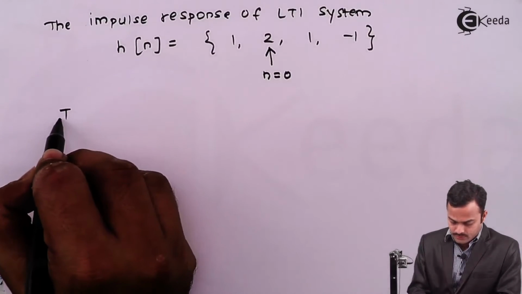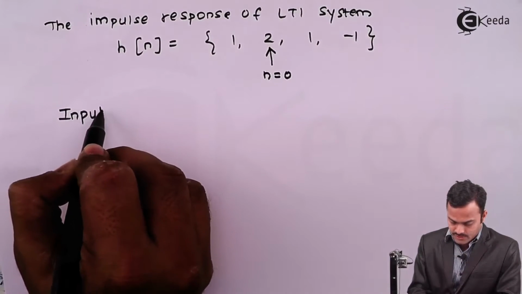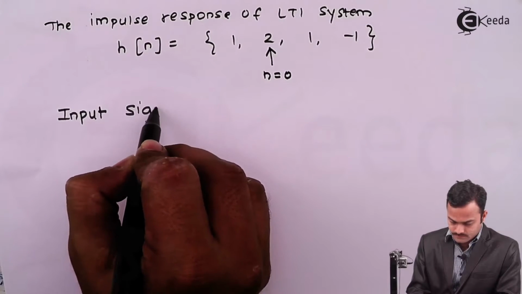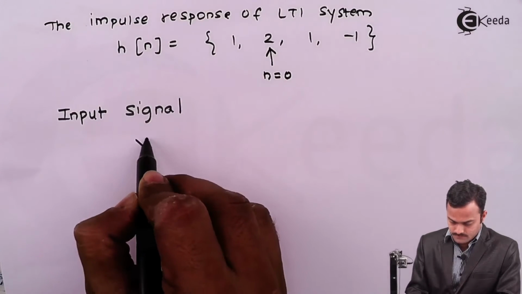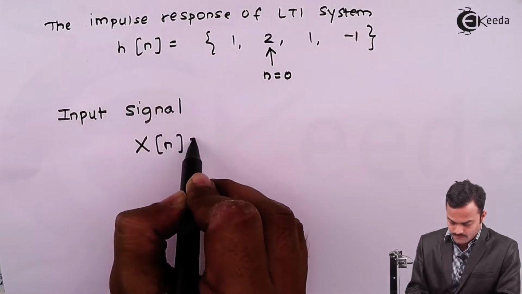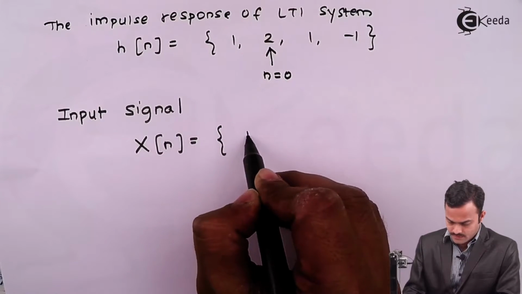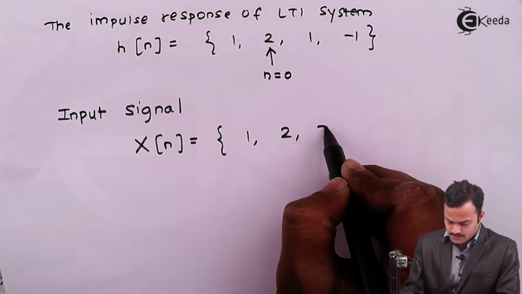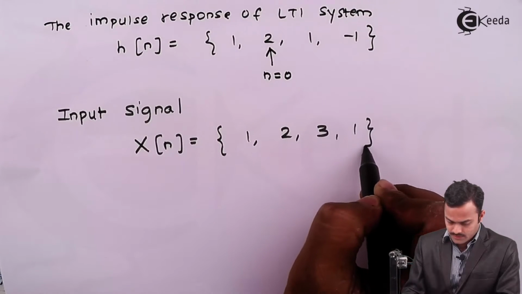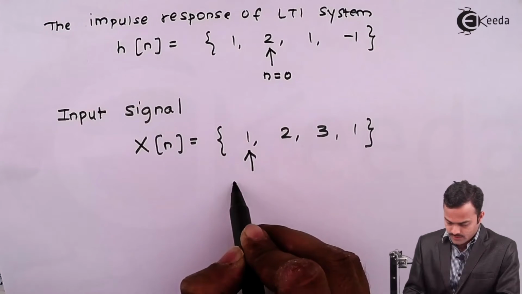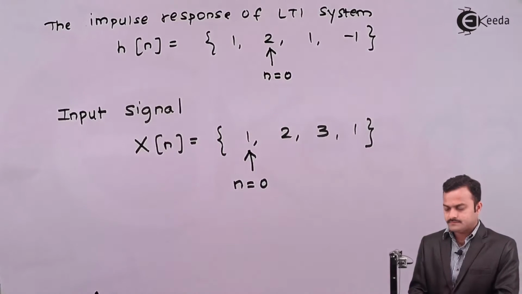An input signal to the system is given as x of n, which is 1, 2, 3 and 1, and they mention the origin is over here.